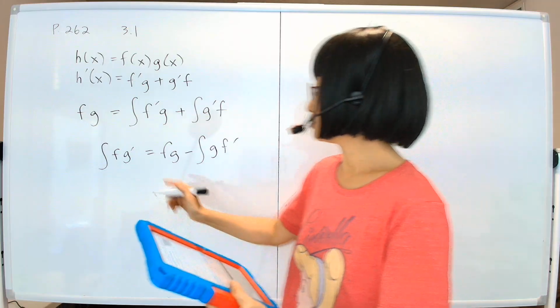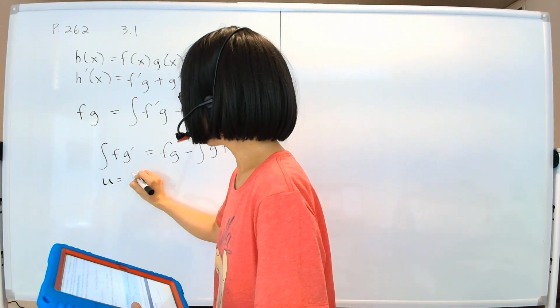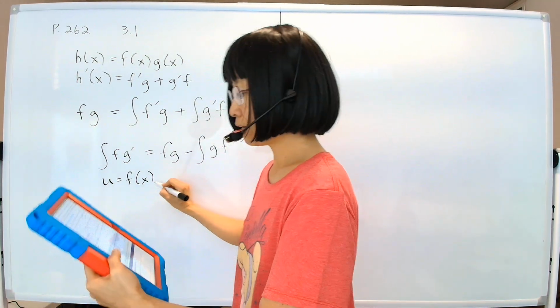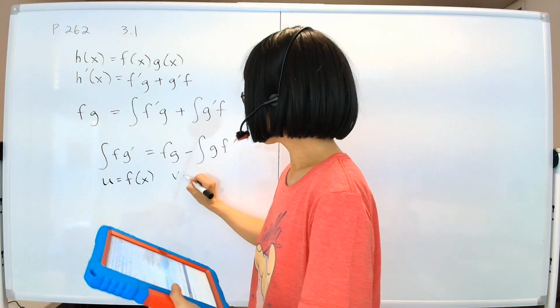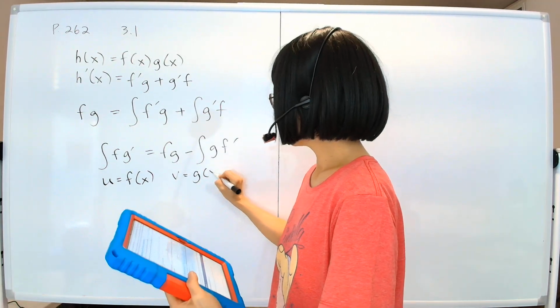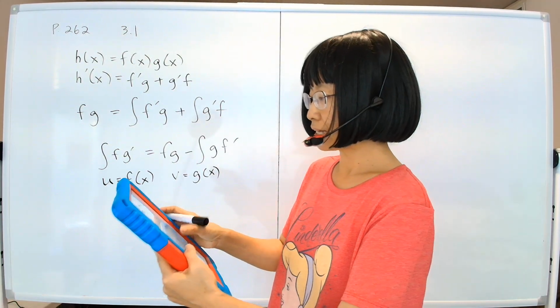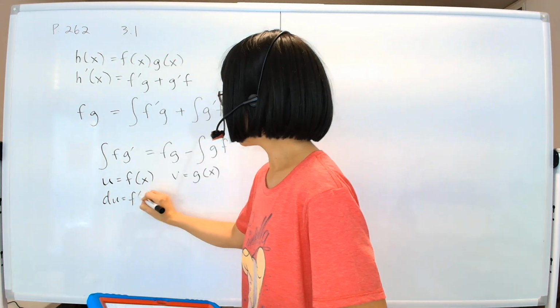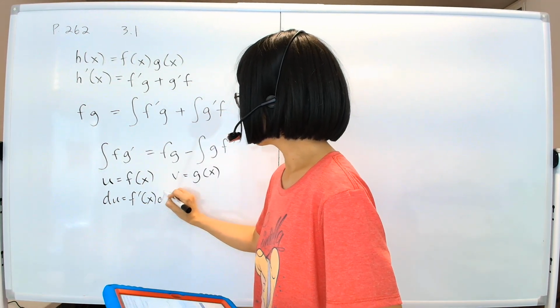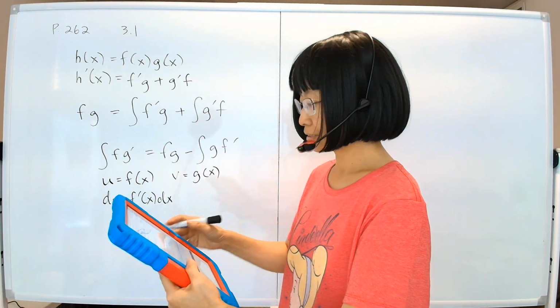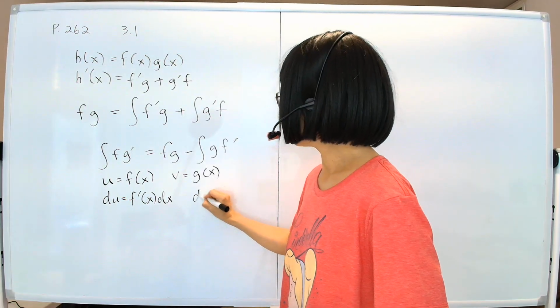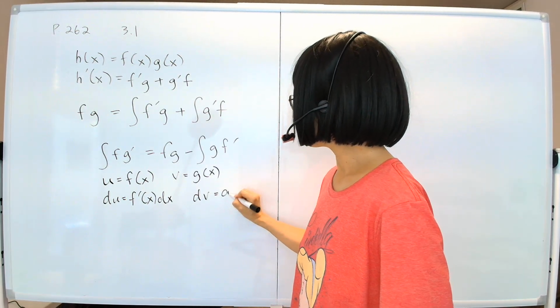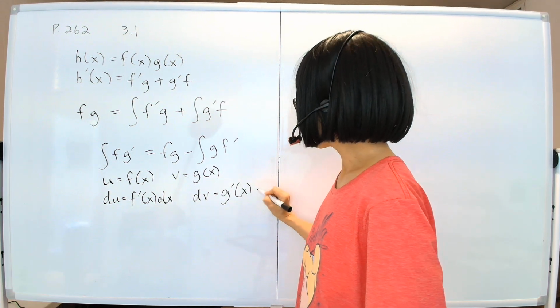And then what we're going to do is let u equal f of x, and v equal g of x. What that means, of course, is that du equals f prime of x dx, and the same thing for dv: dv equals g prime of x dx.